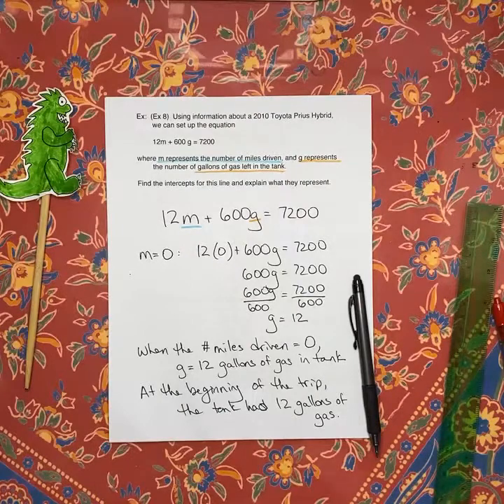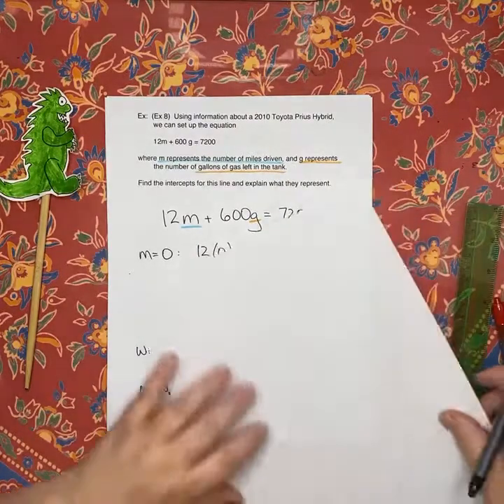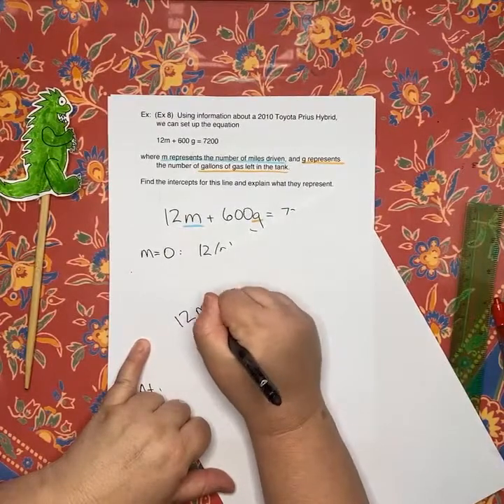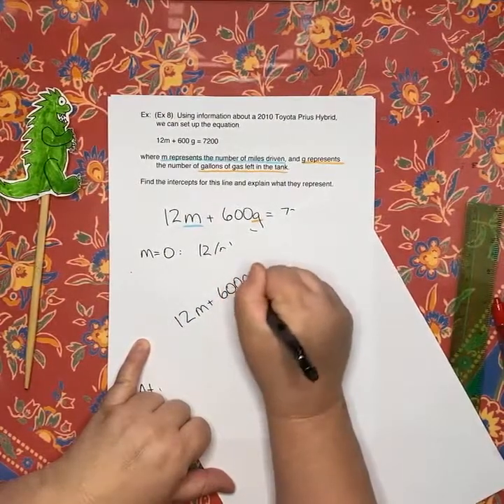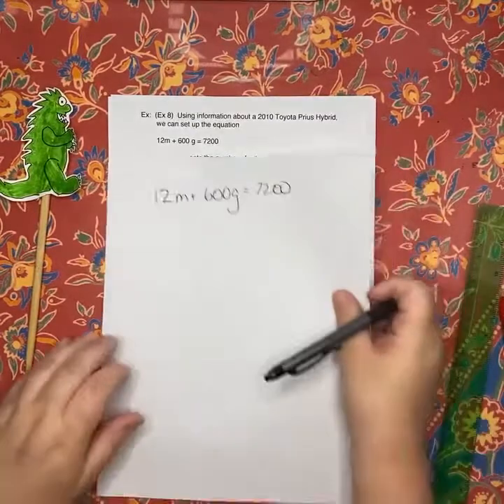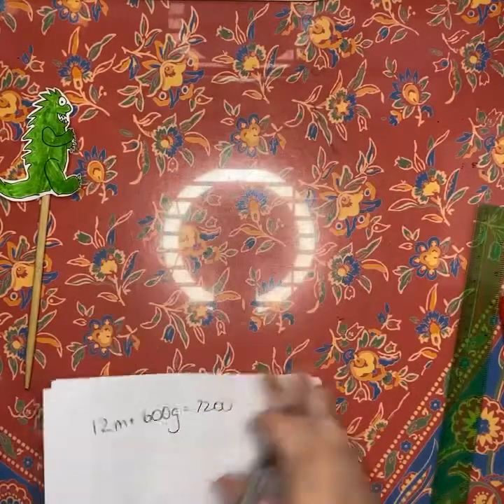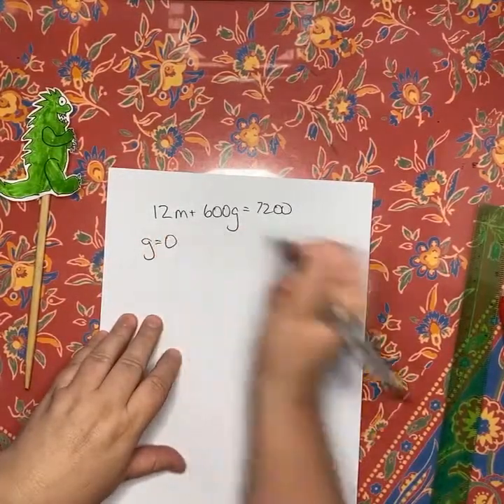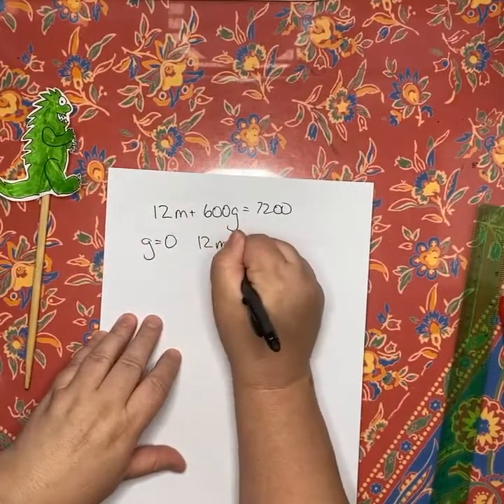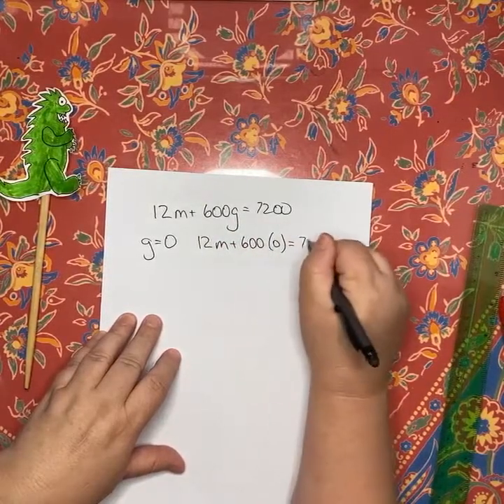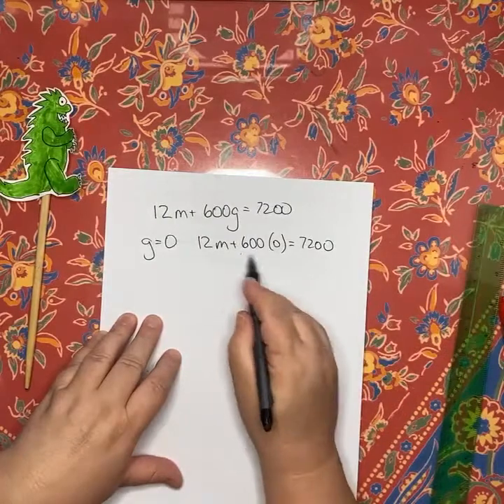So let's look at the other one. So 12m plus 600g equals 7,200. So the next one is what happens when g equals 0. So let's take a look. 12m plus 600 times 0 equals 7,200. Well, that's 0.